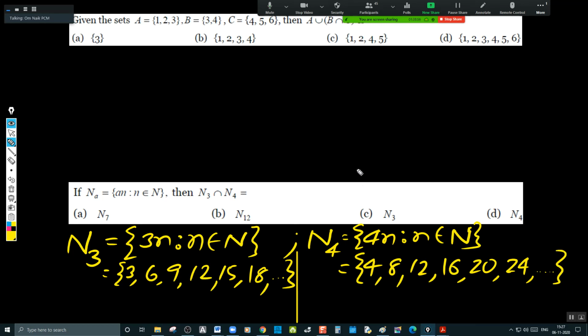Yes, sir. Now we need N3 intersection N4. I'm writing it here for a better understanding. Common elements of N3 and N4. It starts from 12, no?